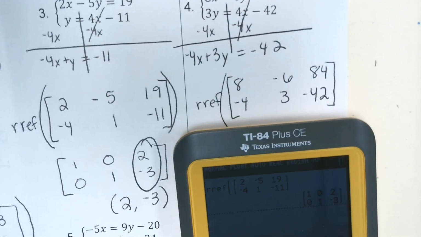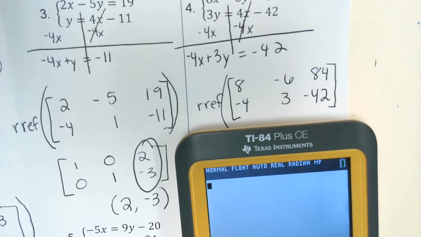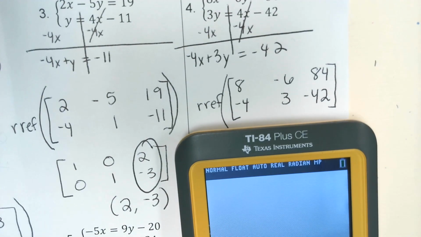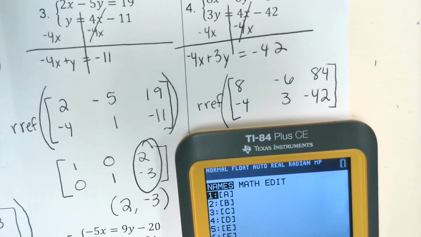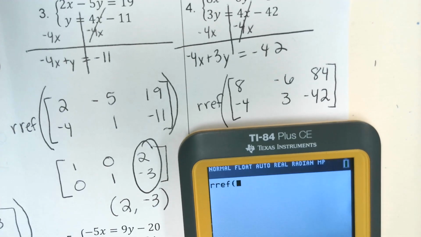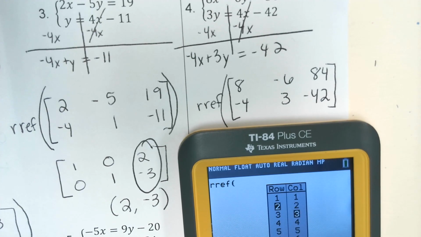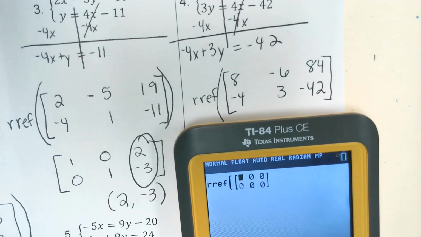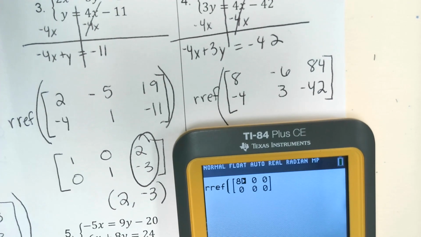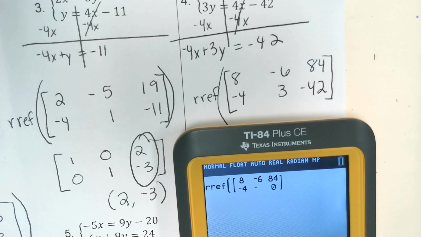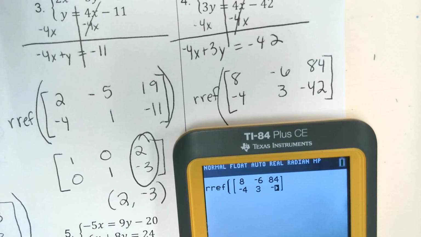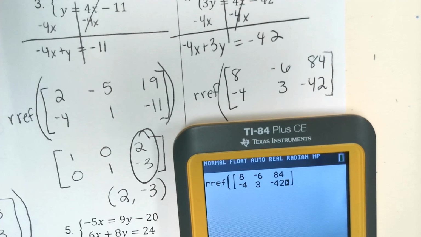So how do you get the... Second matrix. Over to math. Go to RREF. Alpha zoom. 2x3. Push enter. Put the numbers in. Make sure you pay attention to your positives and negatives.